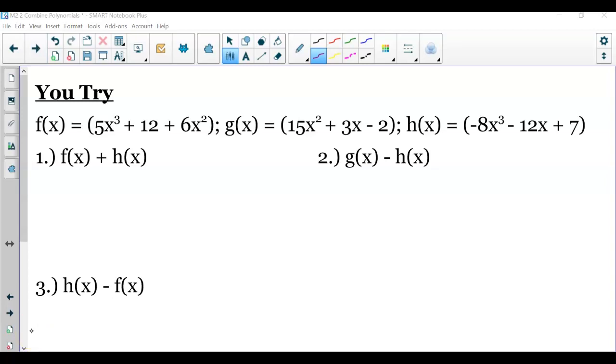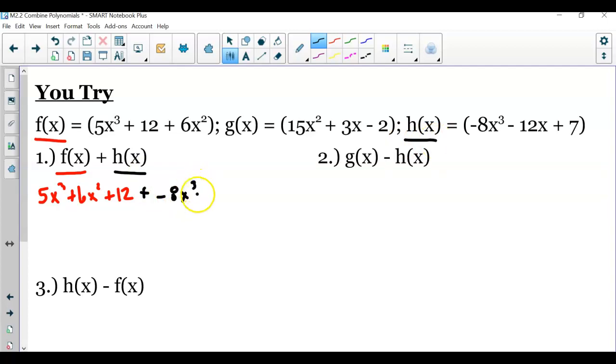For the first one, we are adding f of x plus h of x. So f of x, I'm going to rewrite this in standard form. This is 5x cubed plus 6x squared plus 12. Then we are adding to that h of x, and h of x here is negative 8x cubed minus 12x plus 7. Now combining your like terms.